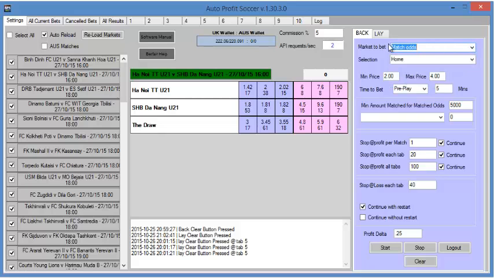Now when you pick a market to bet on, that is all that the backing bets can be. You can't have 2 backing bets on the match odds, 2 backing bets on unders and overs. When you pick a market, then that's all that the backing bets will be.